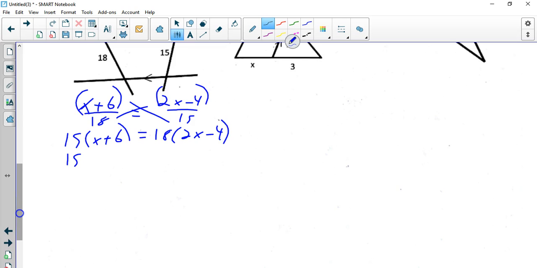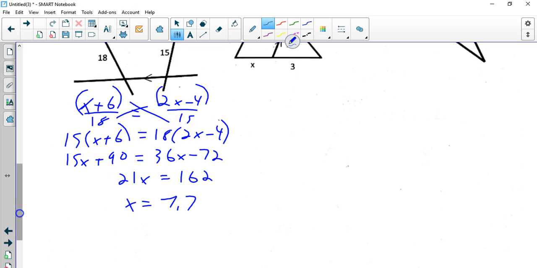So that's 15x plus 90 equals 36x minus 72. I end up with 21x equals 162. Divide by 21, and I get 7.71.